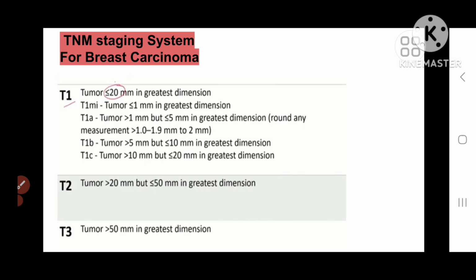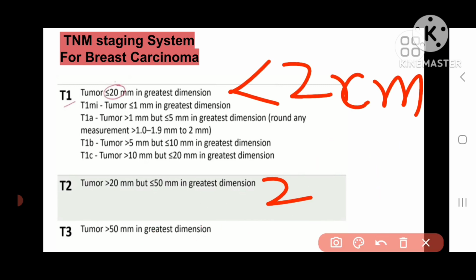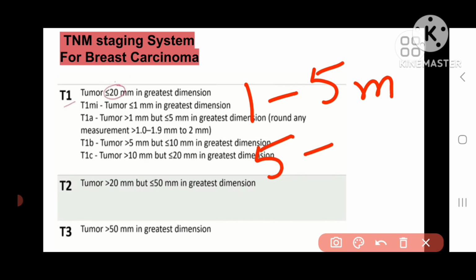T1 is further subdivided into T1a, T1b, T1c. T1a means tumor size is between 1 to 5 mm. T1b means tumor size is between 5 to 10 mm.